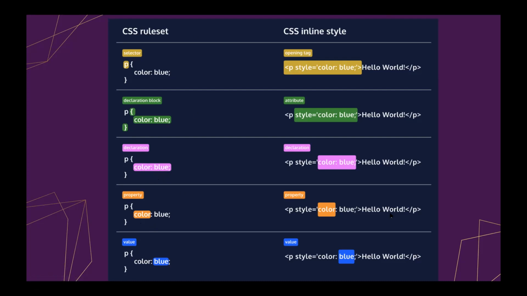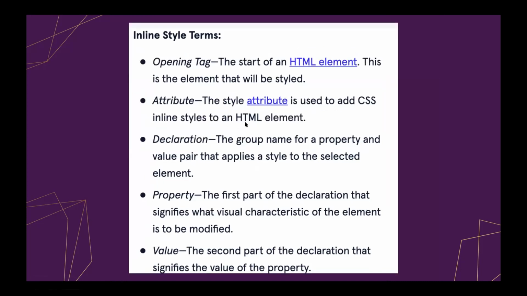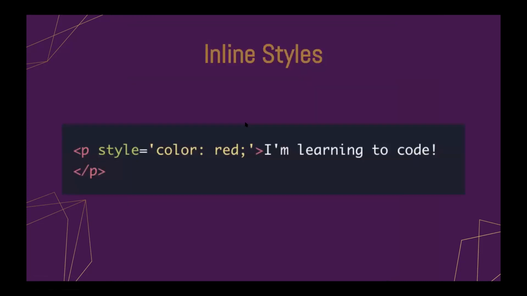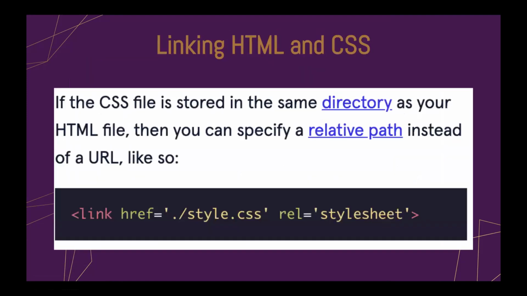I'm explaining this because we don't really use it; this is exactly what I said here. Whenever we want to connect a CSS file to an HTML file, we use this.